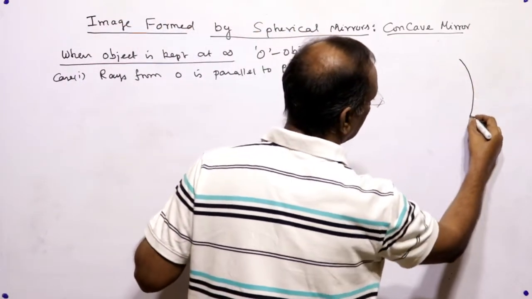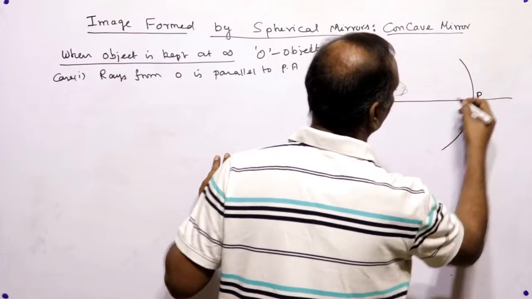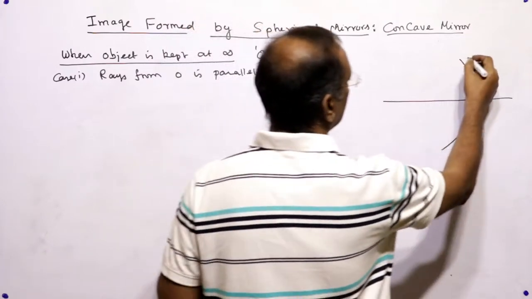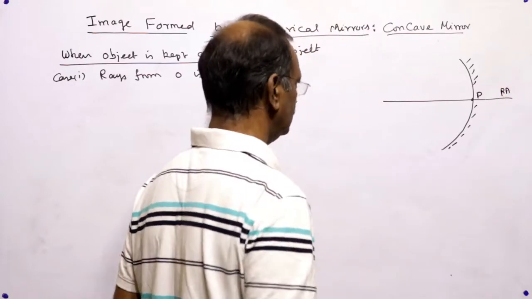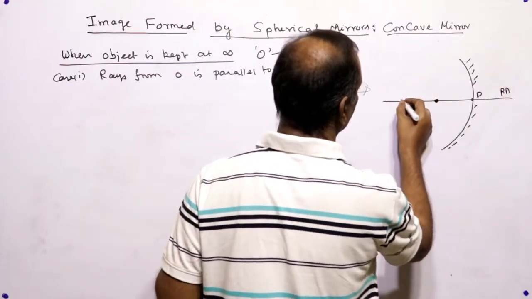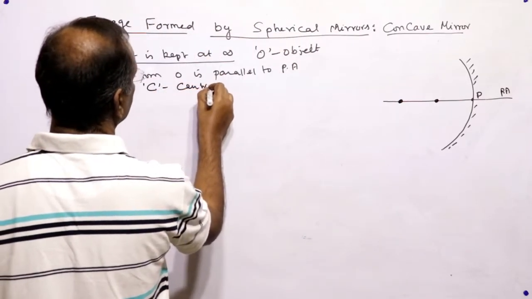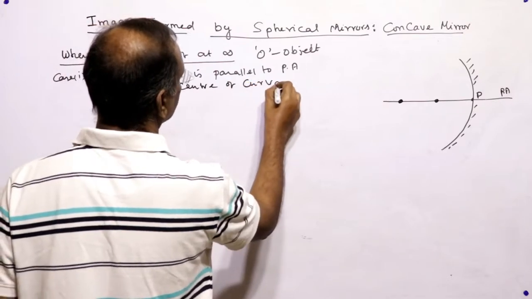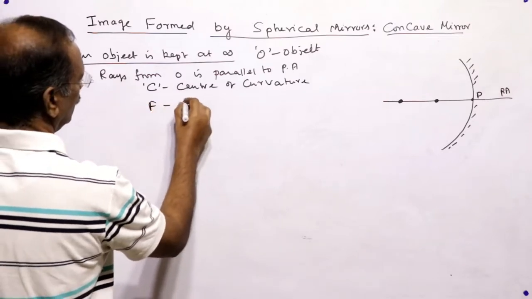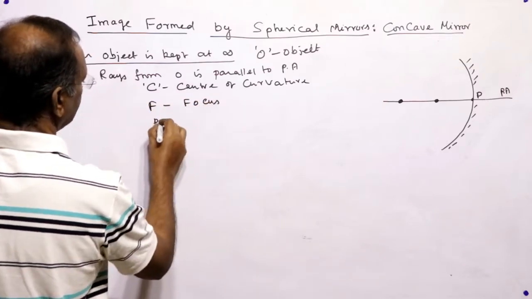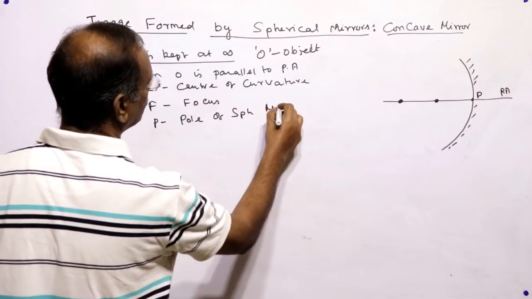So this is the pole, and this is a concave mirror. This is the principal axis, this is the focus, and this is the center of curvature. C stands for center of curvature, F stands for focus, and P stands for pole of the spherical mirror.